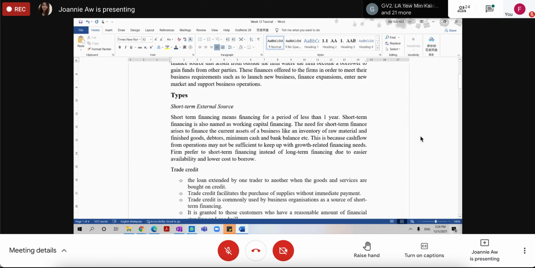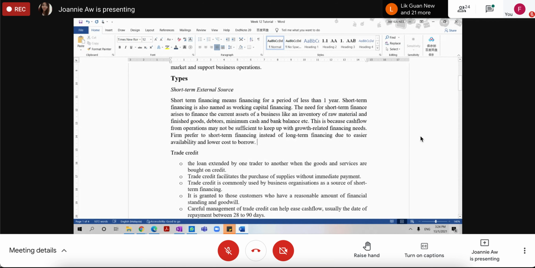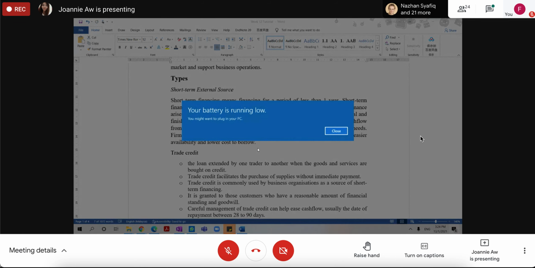It means financing for a period of less than one year, and the need for short-term finance arises to finance the current assets of a business, like inventory of raw materials and finished goods, debtors, minimum cash and bank balance, etc. This is because cash flow from operations may not be sufficient to keep up with growth-related financing needs. Firms prefer short-term financing instead of long-term due to easy availability and lower cost to borrow.